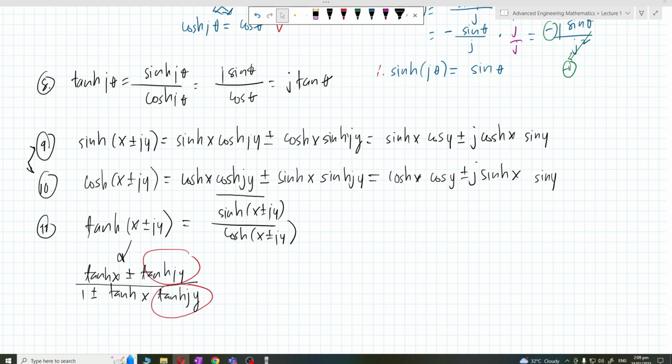Okay, so kung wala, mag-solve tayo ng another sample problems.